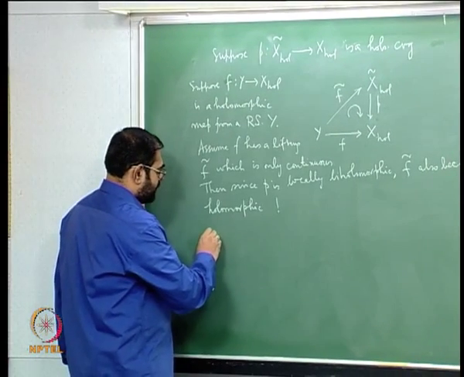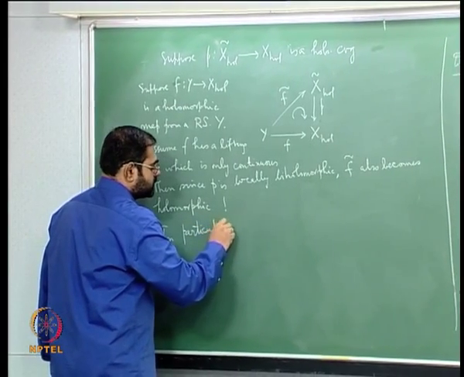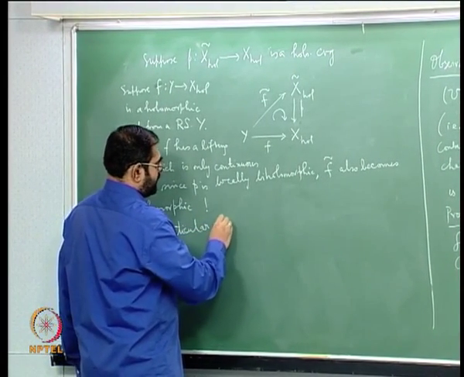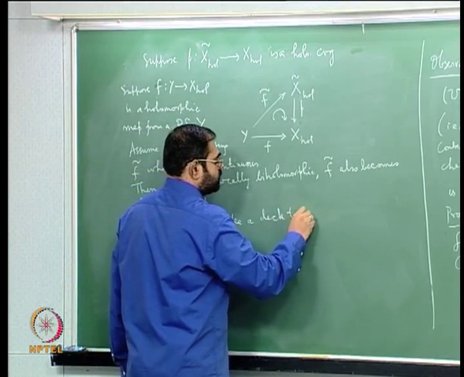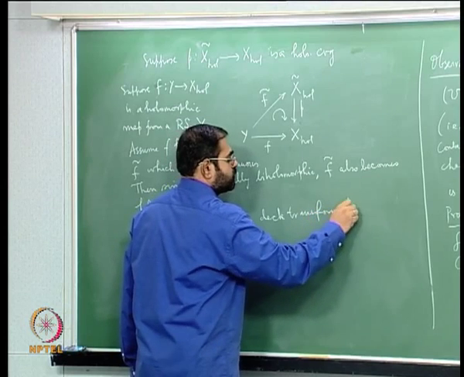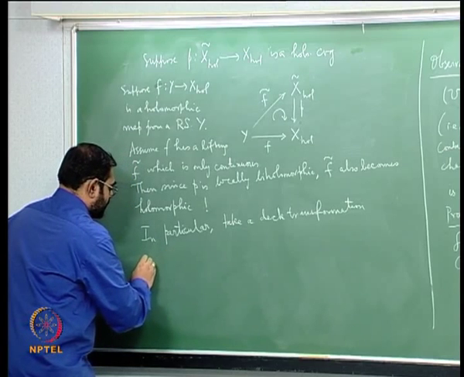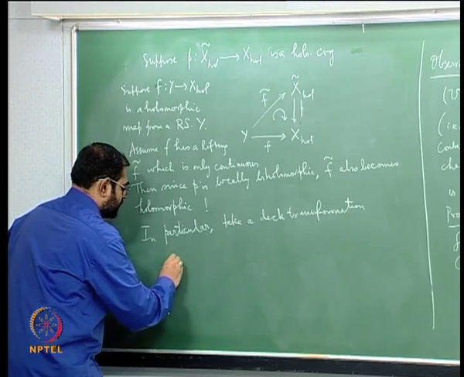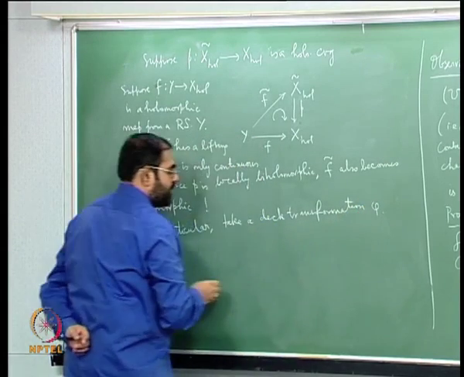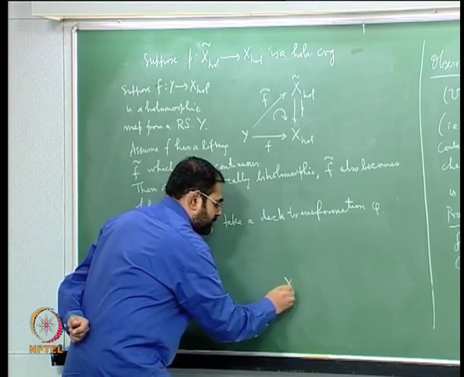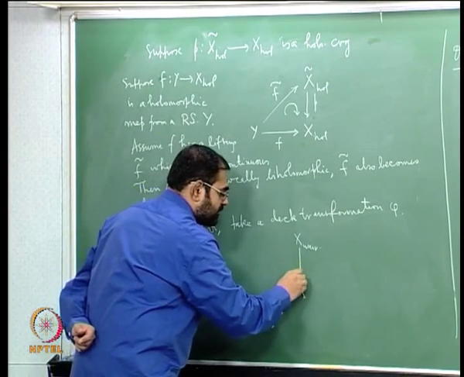In particular, take a deck transformation phi. So I have X, I have X univ, which is the universal cover.